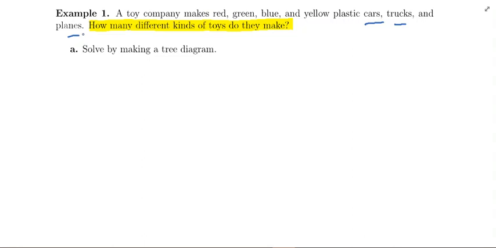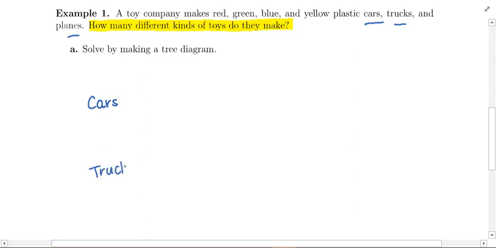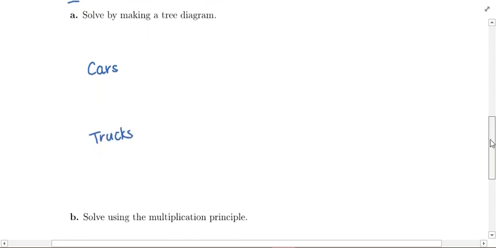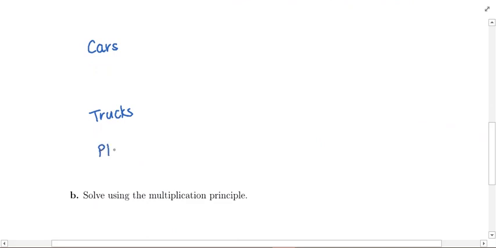So what I'm going to do is list the objects that they're making here. So they are making cars, trucks, and they're also making planes. Let me move this up a little bit so I don't bump it.